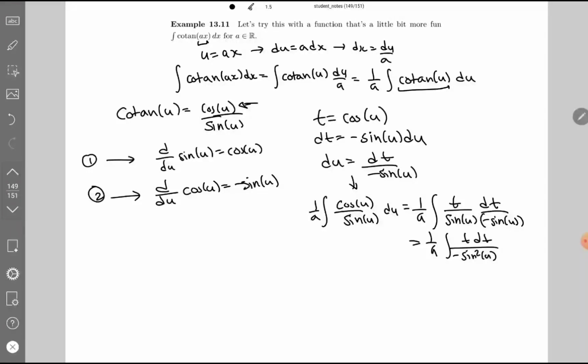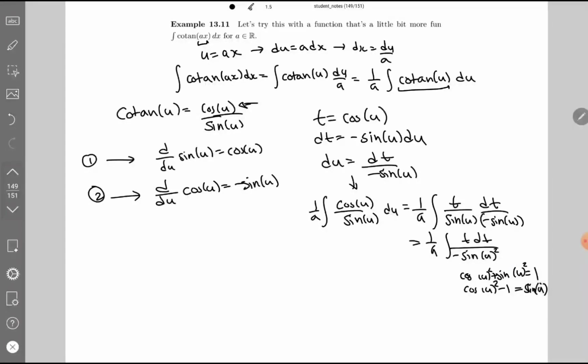The way around this is technically to remember that cosine squared u plus sine squared u is equal to 1. So cosine squared u minus 1 is equal to sine squared u. I think I talked about this a few times. So we'll do this notation, because I was mentioning that I like this better.